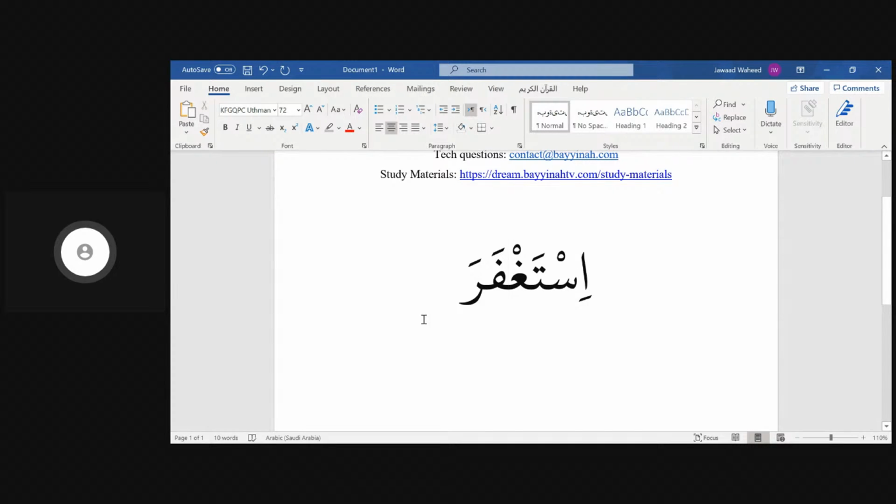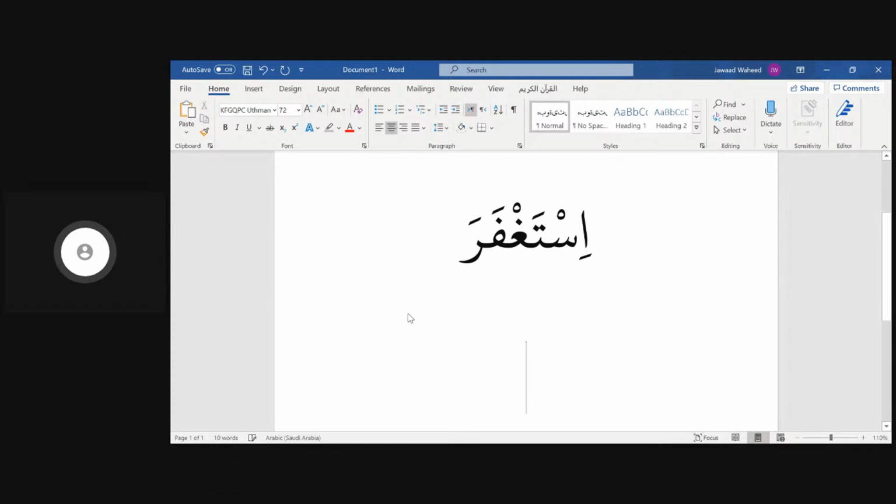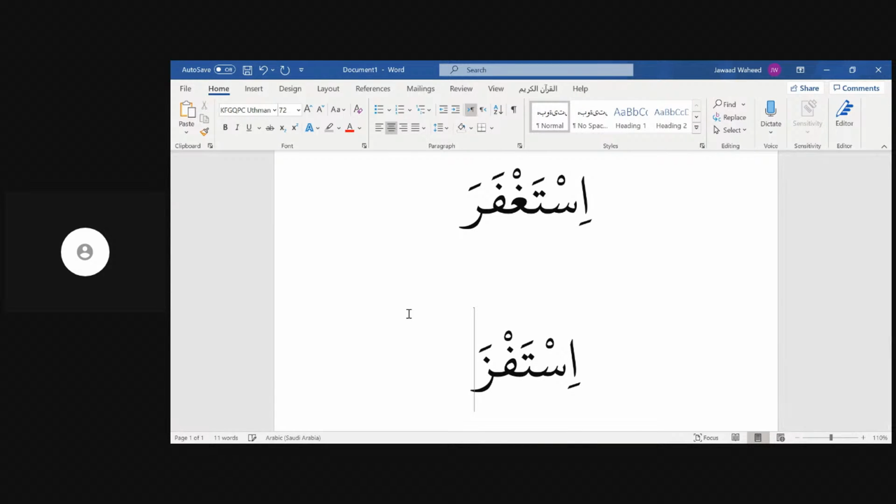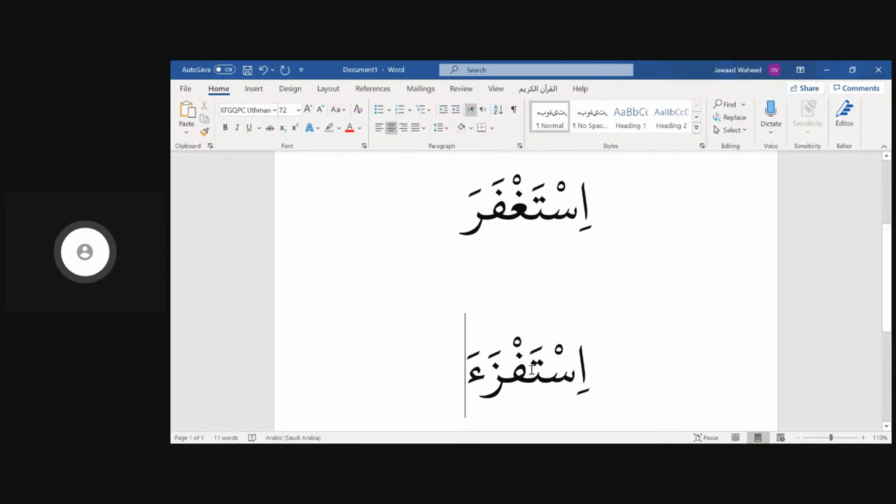So if I come across a word that's similar to this, let's just do istafza'a, right? So if I come across this root, I can match it up with istaghfara. I can say, okay, this looks to me like istaghfara.